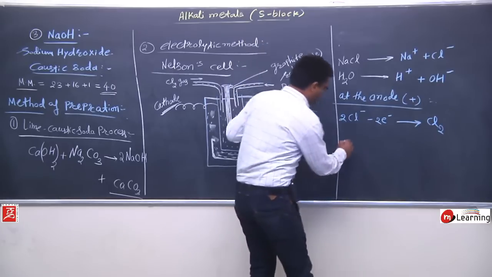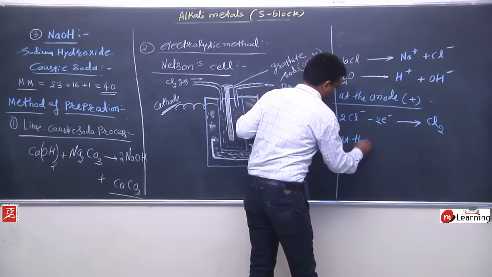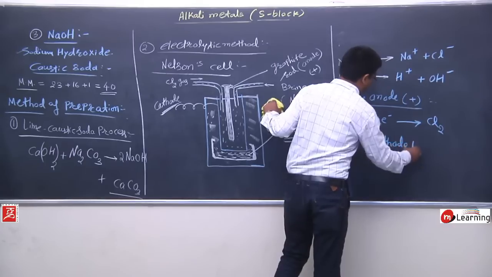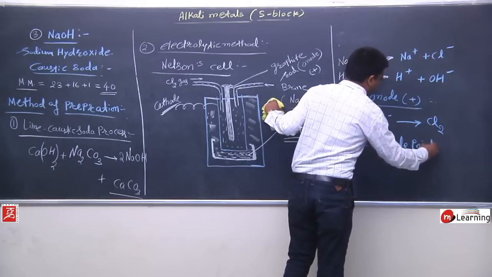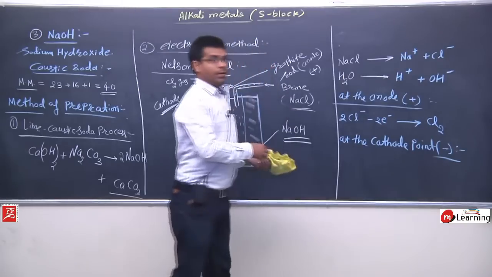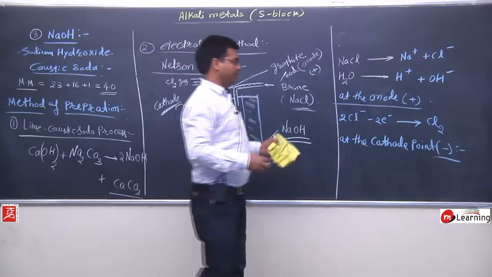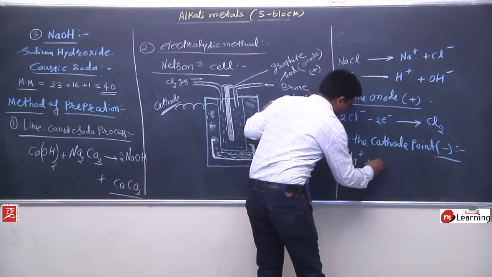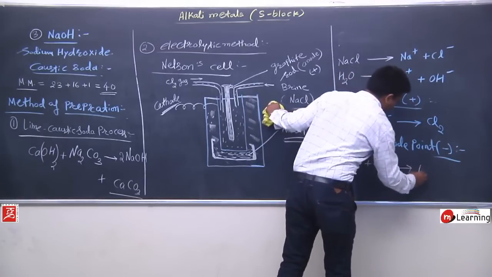And at the cathode point, what happens? At the cathode point, sodium positive ions receive an electron and are converted into sodium.